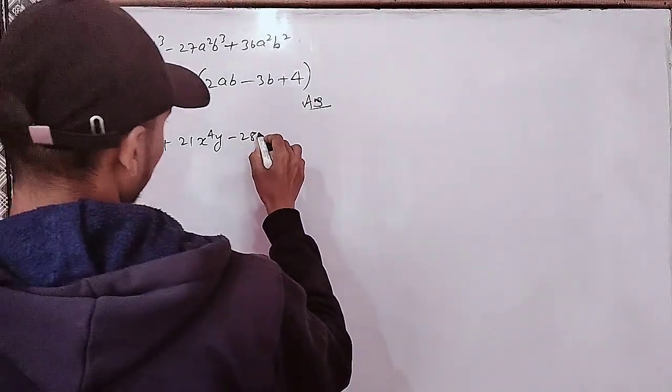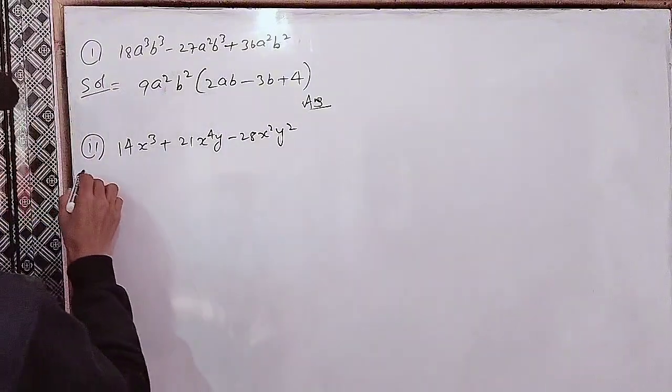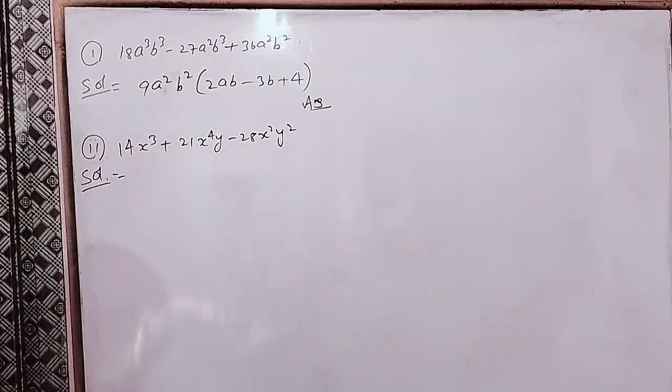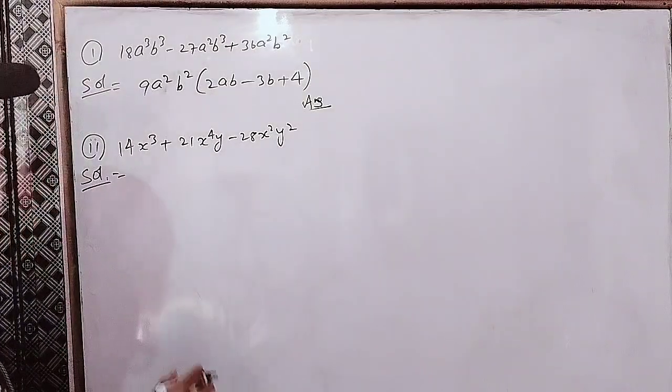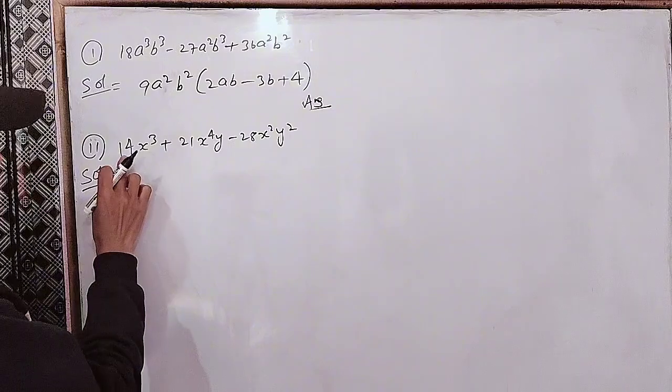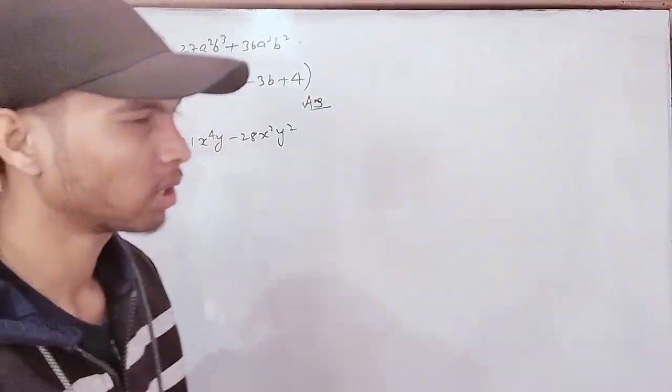Now I am taking the next question. Okay. 14x³ + 21x²y + 28x²y². Here we have to factor it. So here 14, 21 and 28.